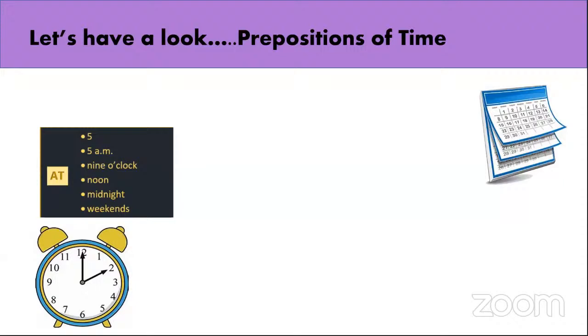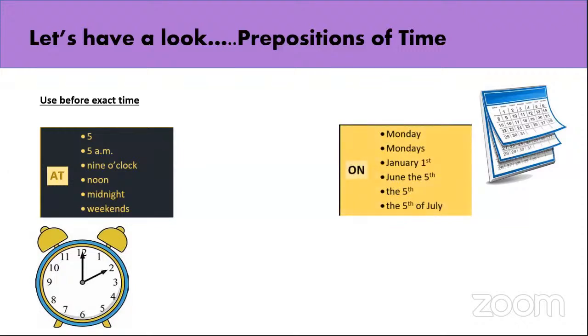So where and when do we use this? We use it before exact time. Okay. Next one, on Monday, on Mondays, on January 1st, on June the 5th, on the 5th of July.